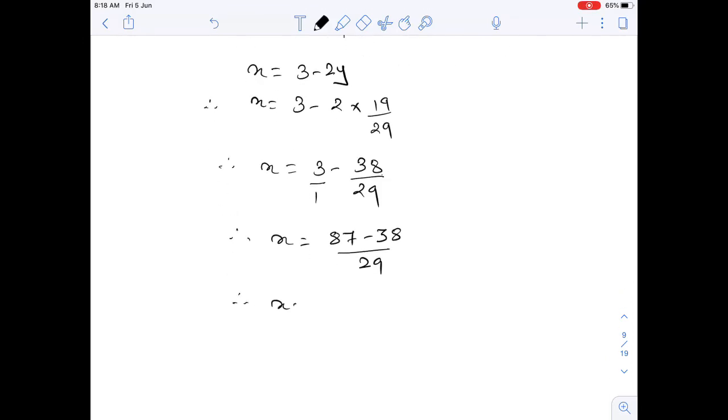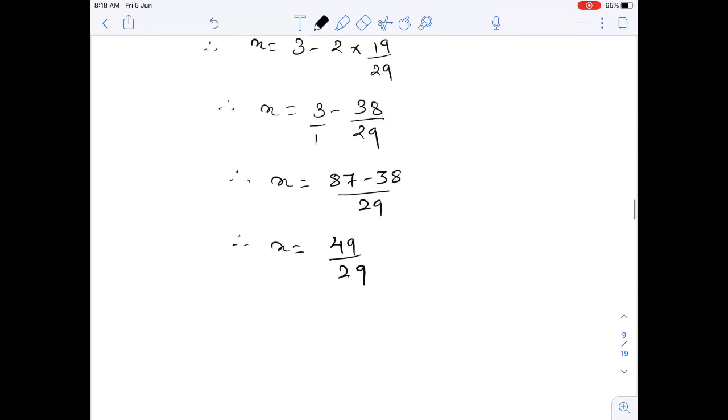Therefore x equals 49 upon 29. So now here we are having two values, that is x equals 49 upon 29 and y equals 19 upon 29.